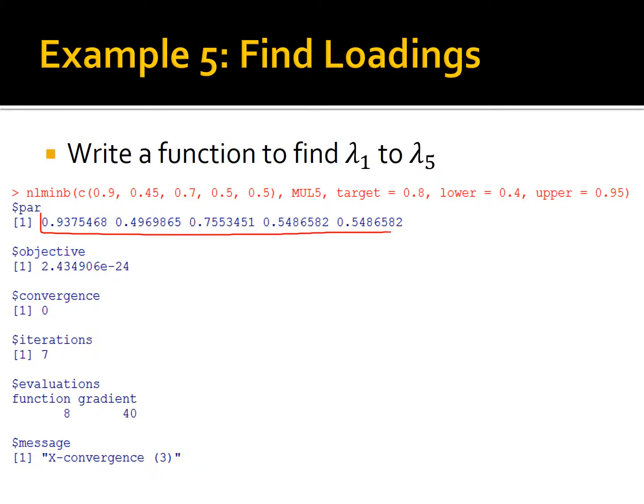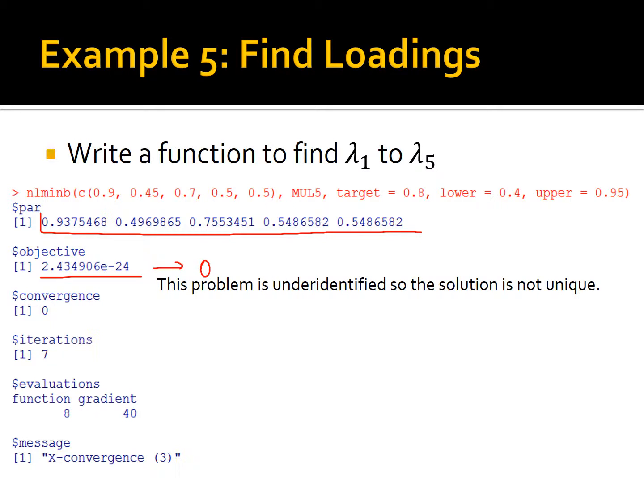There are the loadings. Lambda 1 is 0.93, lambda 2 is 0.496, then lambda 3, lambda 4, and lambda 5. The objective is very close to 0, which is very good. However, this problem is under-identified because the solution is not unique. We have only one piece of information, the reliability of 0.8, but we have 5 unknowns.